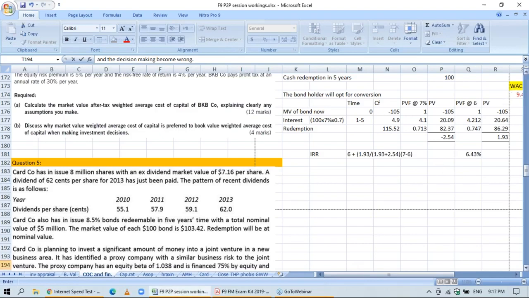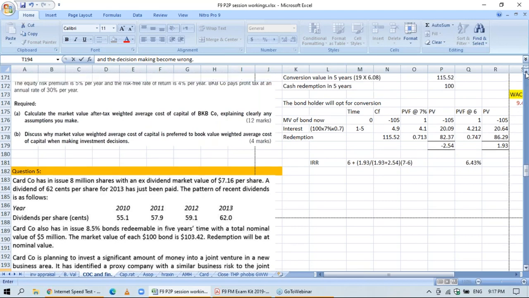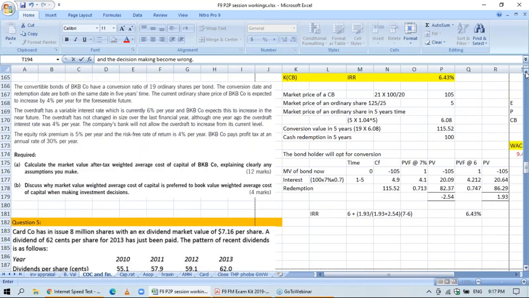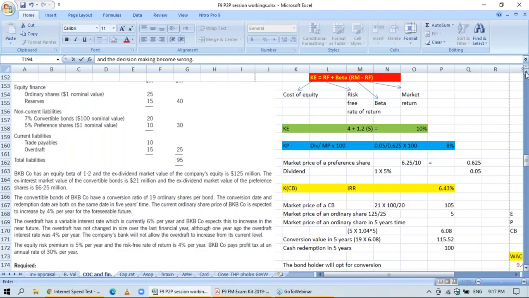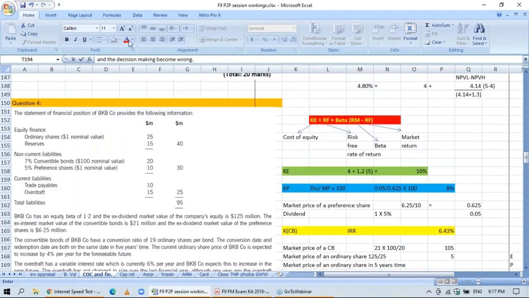Okay, one of the students is asking about the market value of a bond. Let me tell you again what I did to calculate the market value of a bond. Look, I'm explaining again.